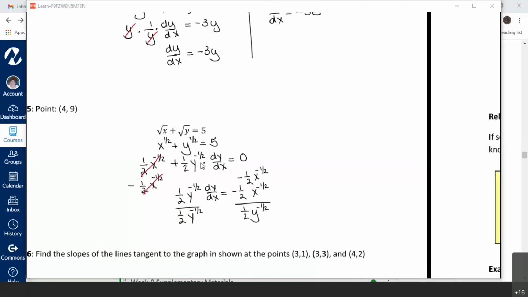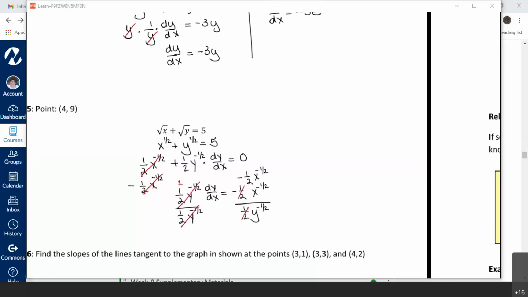All right, and you can do it like this and realize, okay, this whole thing cancels out, leaves a 1. What happens on the other side? Well, the 1/2s obviously cancel out, okay, but the negative sign stays on top. Okay, that's one way to do it.